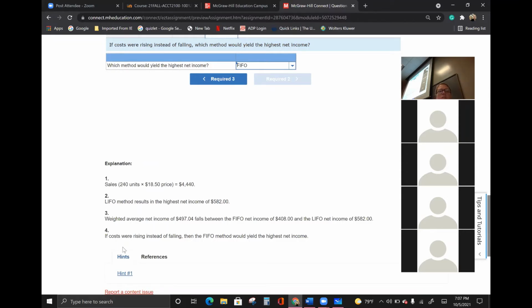It says if costs are rising instead of falling, then FIFO would give us the highest net income. Why is that? Because the older inventory has a lower price, right? So if I'm using that lower price, then I have a lower cost, which means I have a higher net income. That's why it's FIFO, if you have rising costs instead of falling.